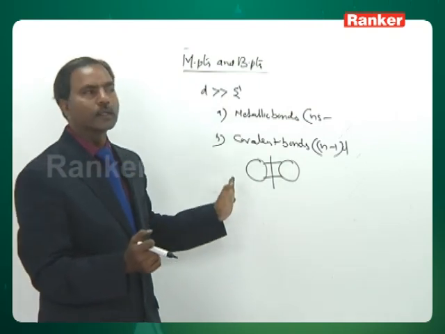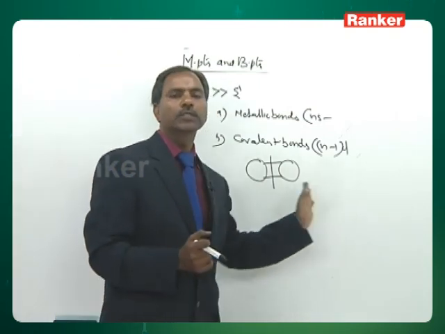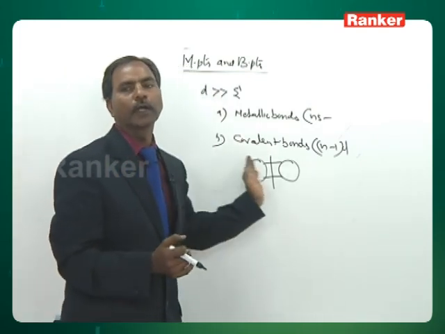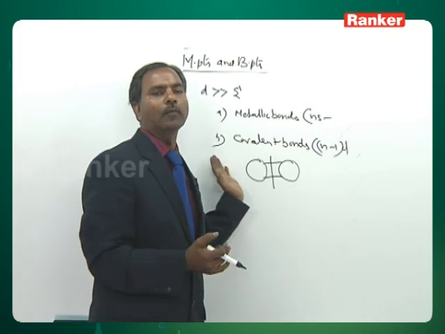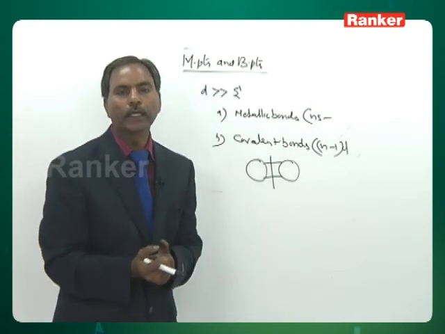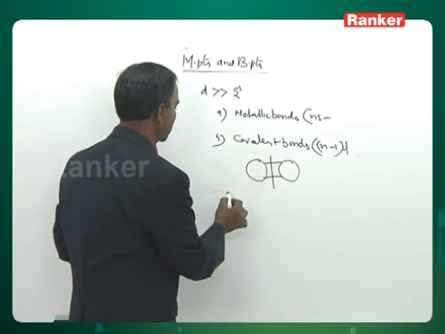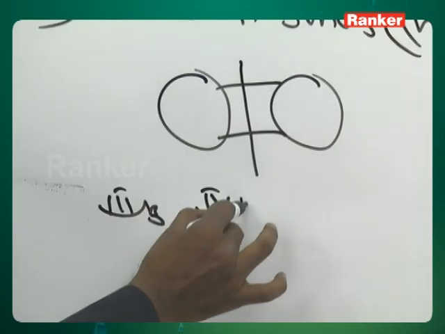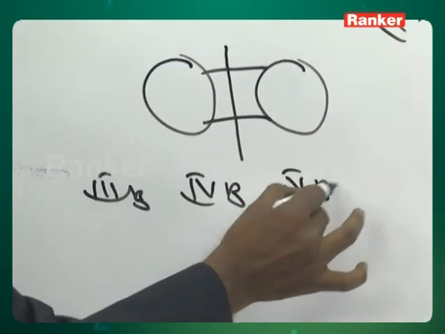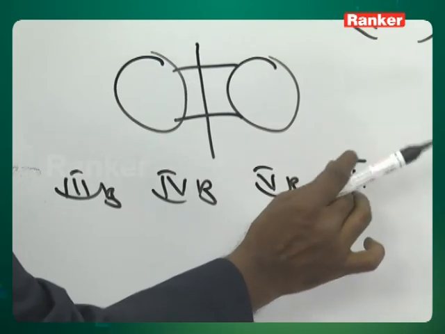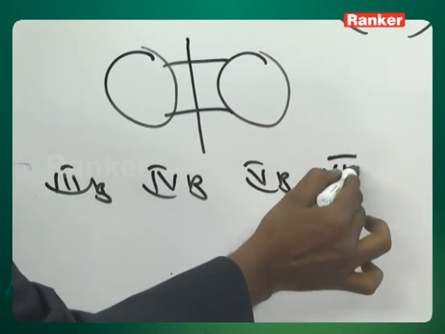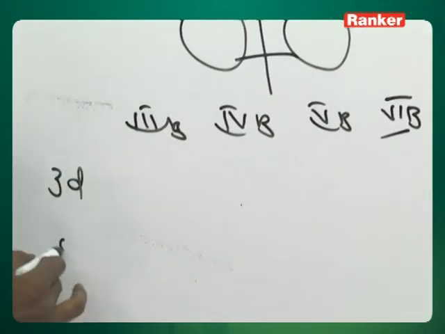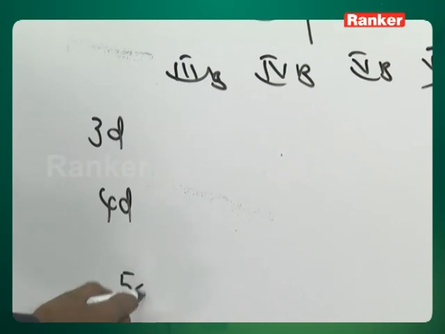Therefore, we can show that from the third B group to the sixth B group, the number of unpaired electrons gradually increases, and the melting and boiling points also gradually increase. Let me show this. Consider the third B, fourth B, fifth B and sixth B groups, across the 3D, 4D and 5D series.